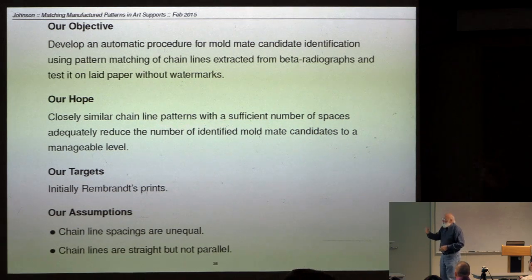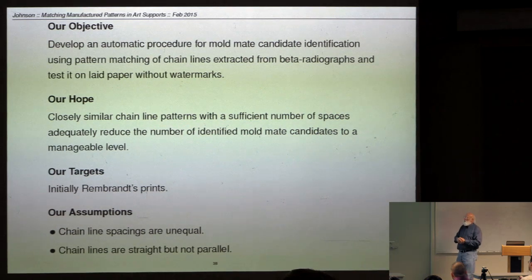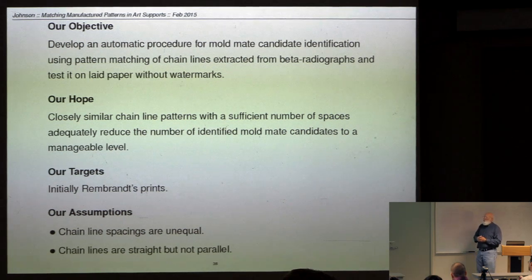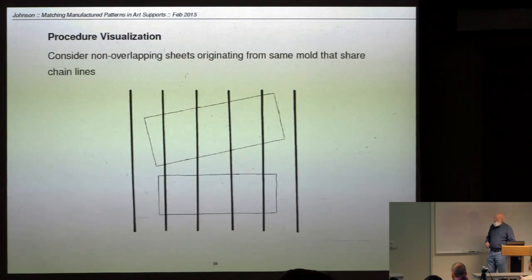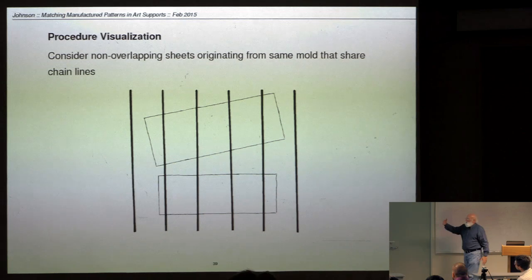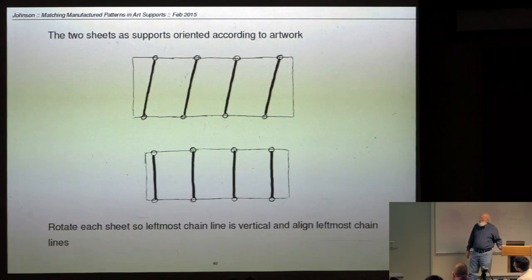Okay? We're looking at Rembrandt first. We're assuming the chain line spaces here are unequal. That's true. And we're assuming the chain lines are straight. Bad, 90%. And not parallel. Probably 70%. So the idea is we've got two weird paper cuts like this. They end up looking like that.